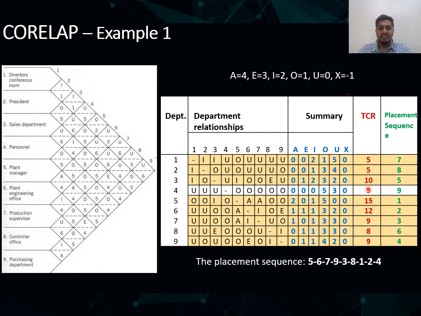But it does not go to the third place and instead goes to the fifth place, due to the number of A, E, I, O, U's counted here. So the fourth place doesn't go anywhere, and the fifth place goes to 10, the sixth place goes to 8, and the seventh, eighth and ninth places go to 5, as all three are in a tie, and the first position is given to the first department as priority.